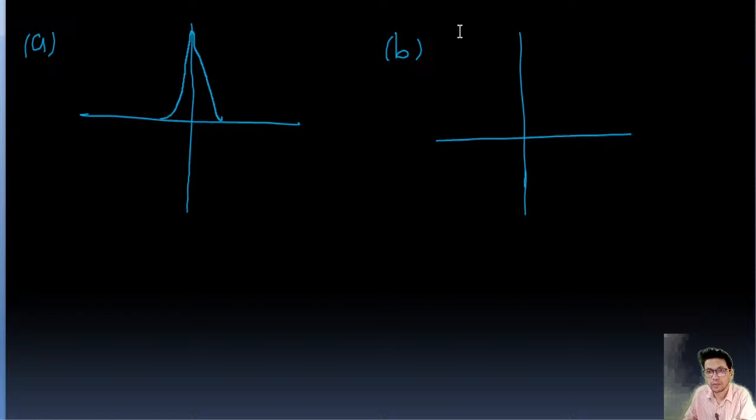Okay, this is graph A. Graph B is like this. Okay, this is graph B. Next, C is given like this.